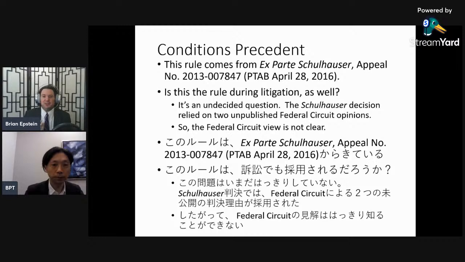And ultimately, I do believe that the Federal Circuit will reverse the Patent Trial and Appeal Board. But the issue with that, if you know the US legal system, is that this issue first must reach the Federal Circuit, right?